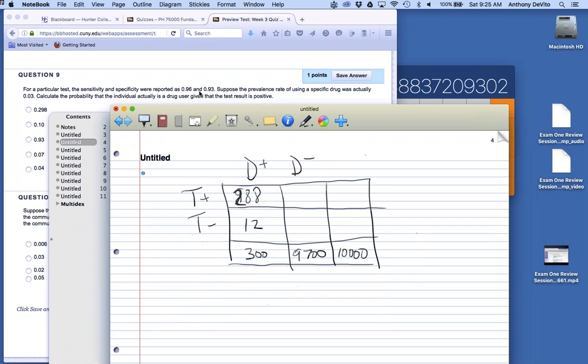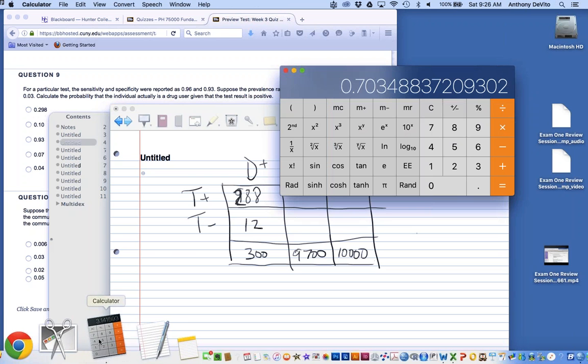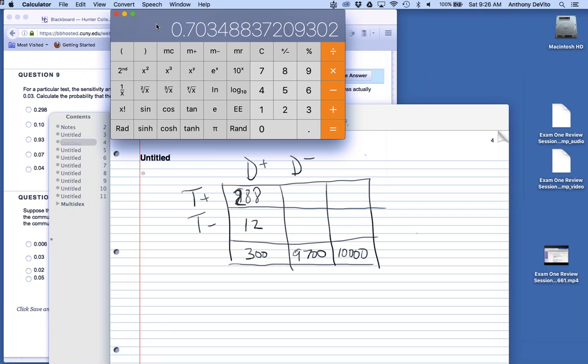Now, next, the specificity, rather, is how good it is at identifying negatives, how accurate it is with negatives. So it's 93% accurate on identifying negatives. Because I'm going to get my calculator up for this. So I have 9,700 people who are not drug users.